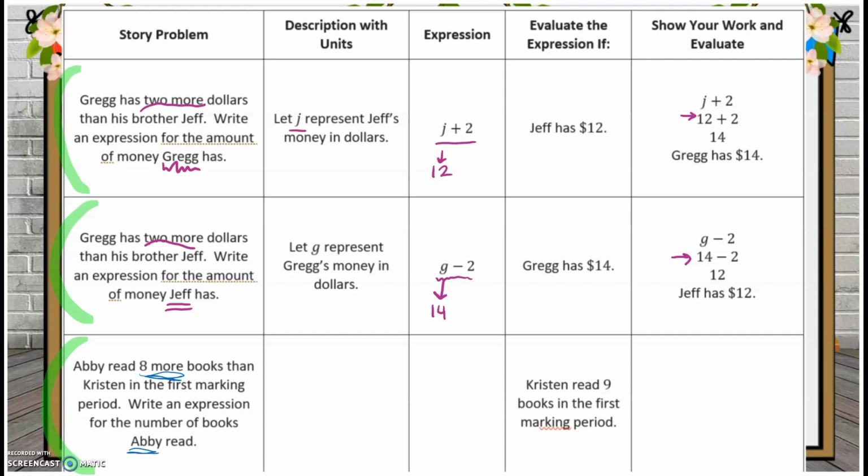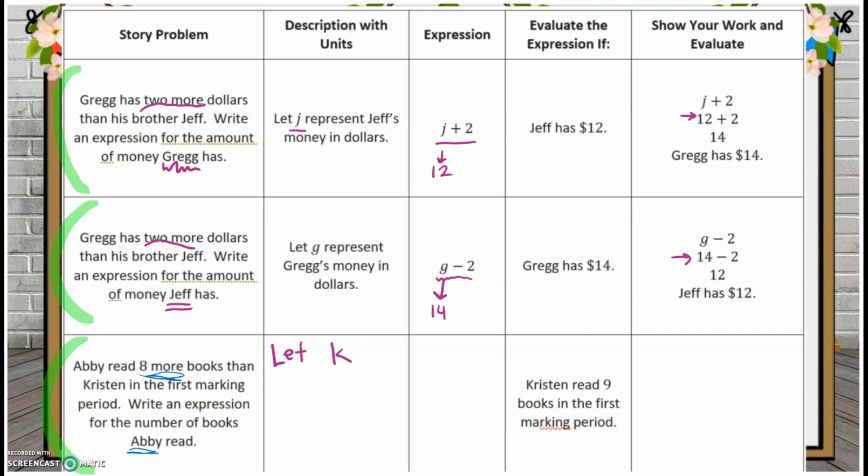Okay, so my description with units could be, we're trying to solve for Abby, so we're going to talk about Kristen.